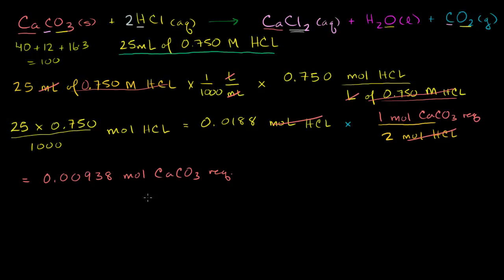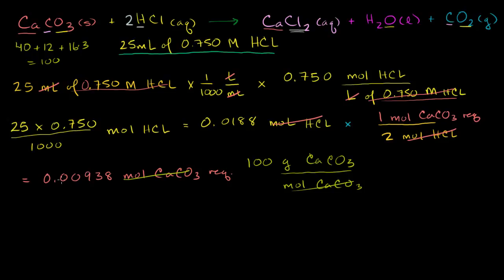So times 100 grams of calcium carbonate for every mole of calcium carbonate. And we know we're doing the right thing by multiplying by 100 because these units cancel out. Moles of calcium carbonate in the numerator, moles of calcium carbonate in the denominator. So those cancel out.